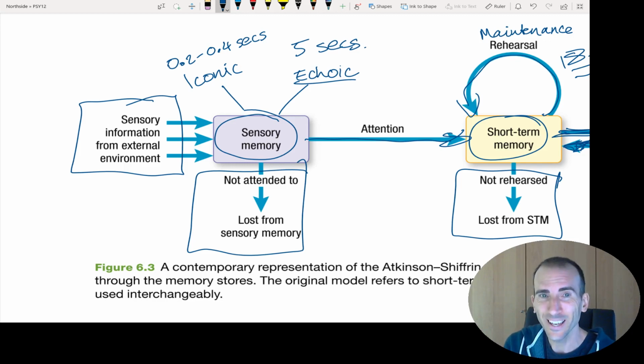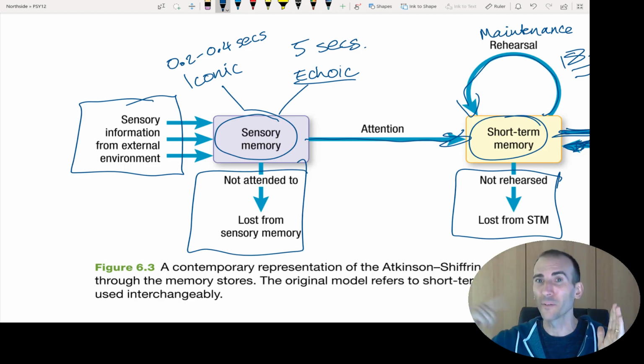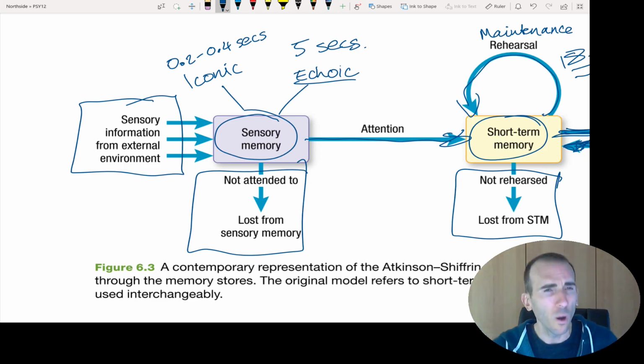What's happening there is you weren't paying attention, you weren't listening, so you didn't take in the information, but it was still in your echoic memory. And so after you've said what, you bring it out of your echoic memory, you realize you do know what your mum said, and then you answer the question. So that's something that I like to think of to illustrate how echoic memory works.